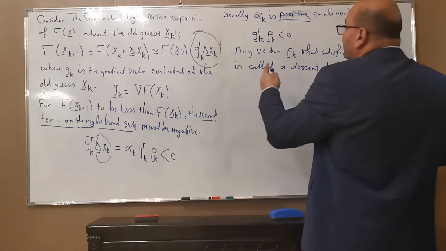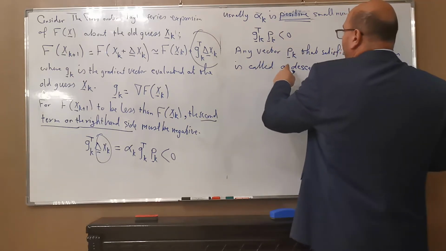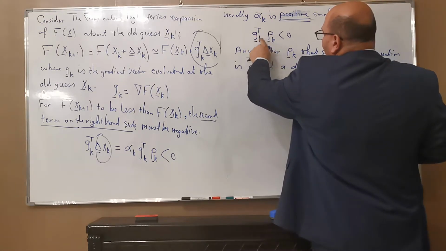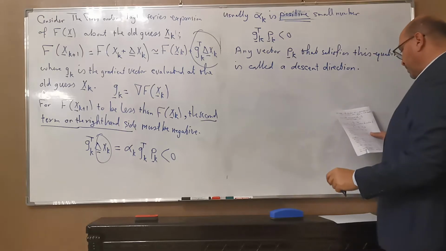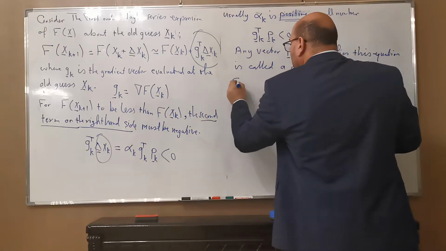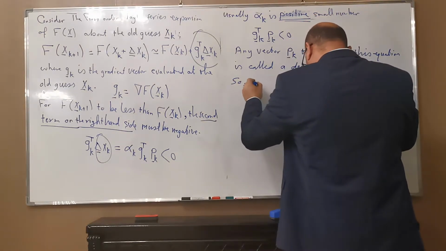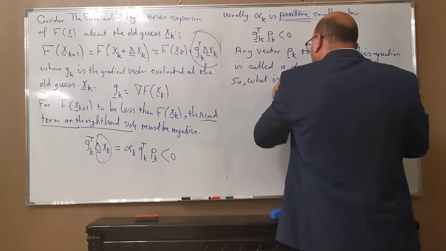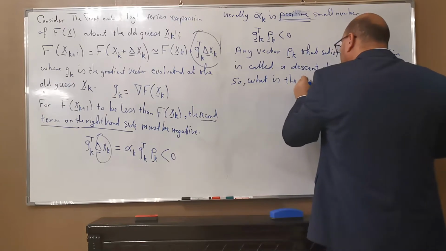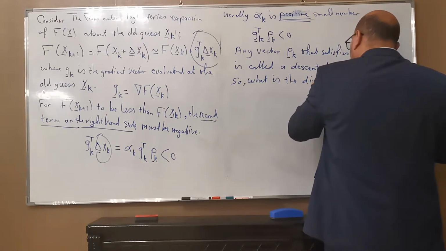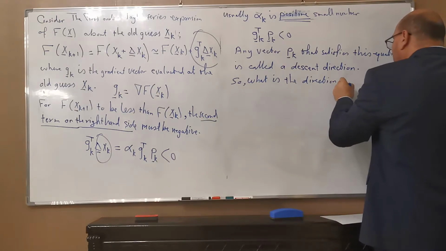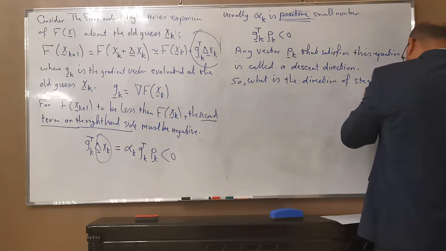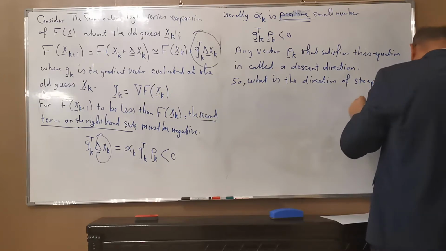Now, to get the steepest direction, we say that pk should be the negative of gk. So, what is the direction of steepest descent?